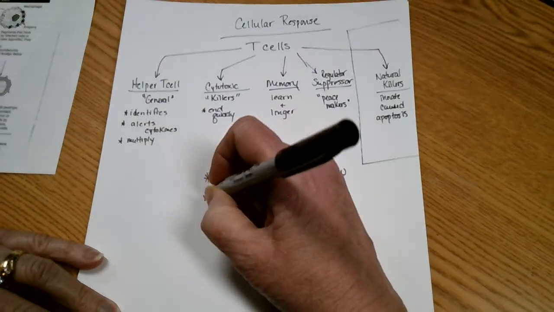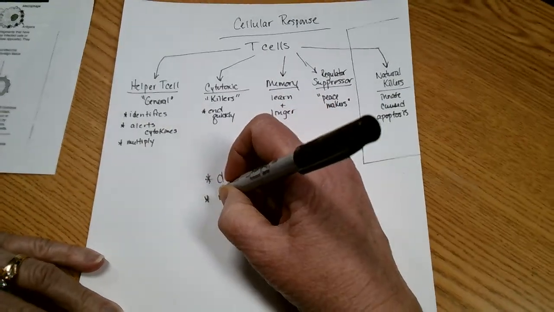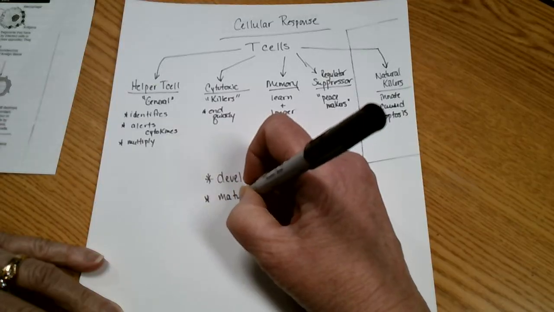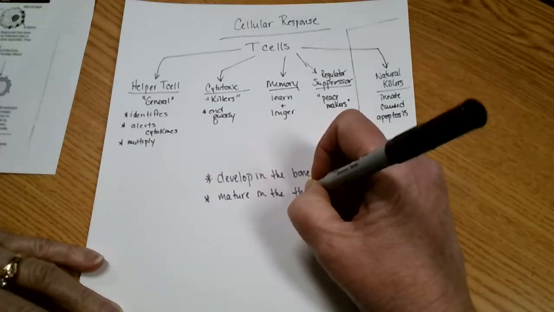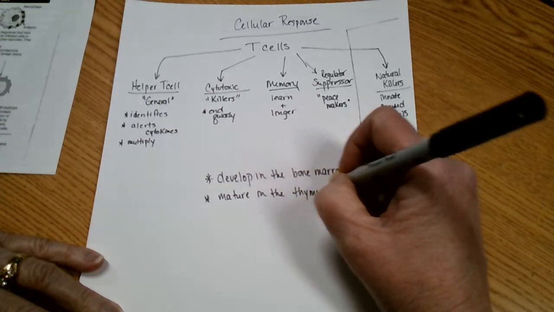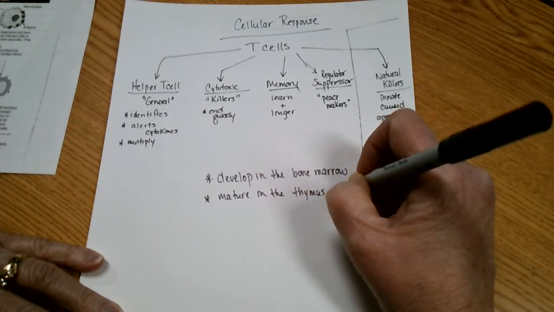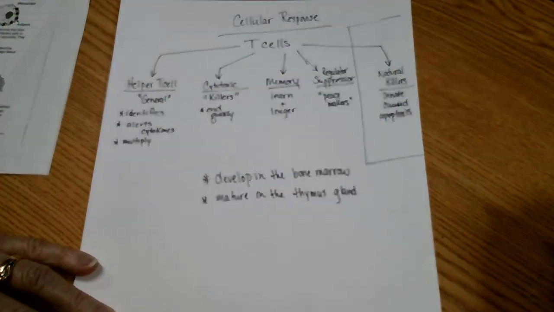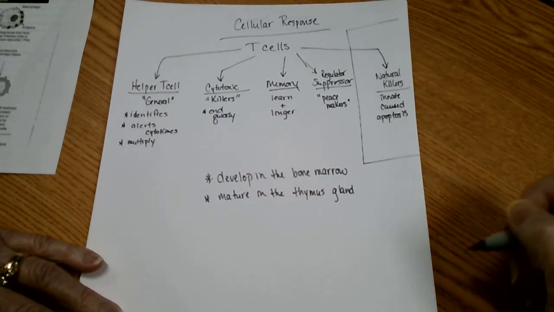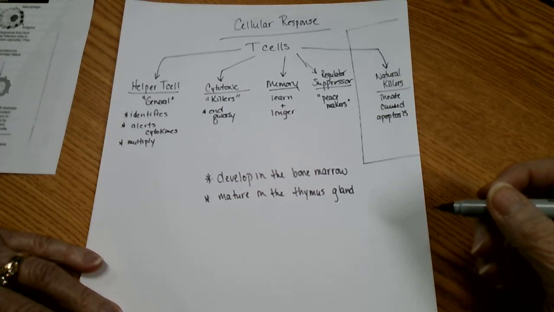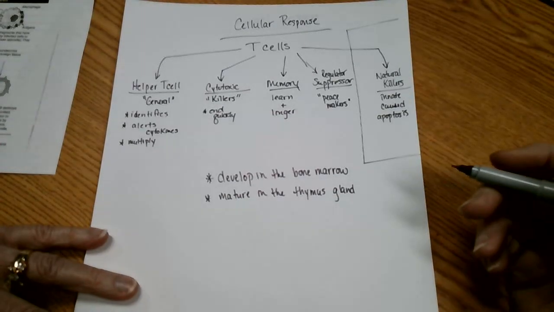But they mature in the thymus gland. The thymus gland, actually in you guys and me, is quite small. It's largest when you're a baby. In fact, T cells develop in the bone marrow. They migrate to the thymus gland where they mature. They kind of go to school there.